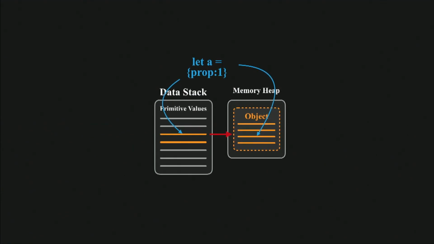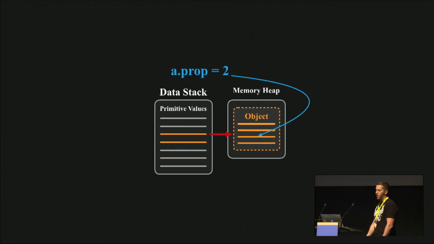And you only have reference types. Your local property has only a reference to that object. When you're changing, for example, you had a user in an array and you change its name, the object reference did not change. But the property inside of this object in the memory heap did change.